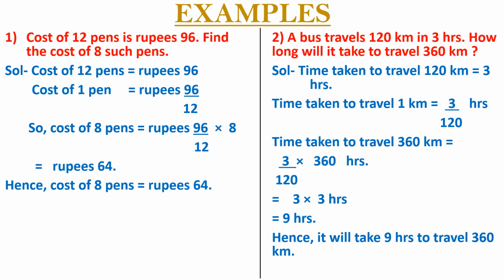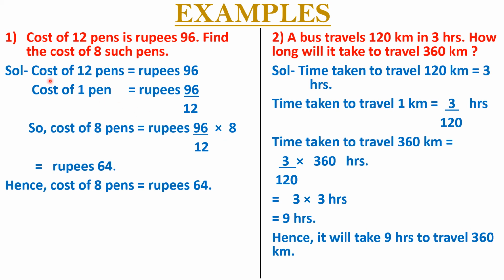Let us understand better with a few examples. Example 1. Cost of 12 pens is 96 rupees. Find the cost of 8 such pens. Children, to solve this sum, we need to find the cost of 1 pen and then we can multiply the cost of 1 pen by 8.